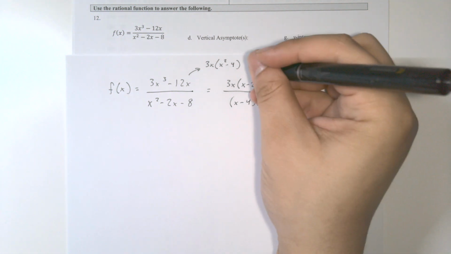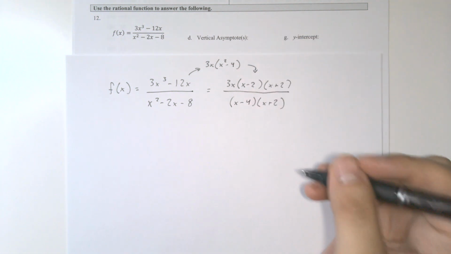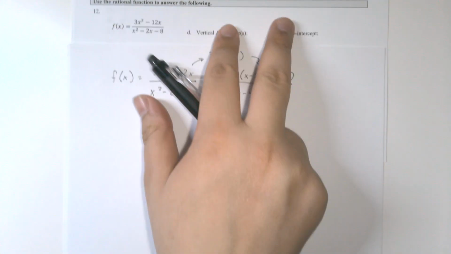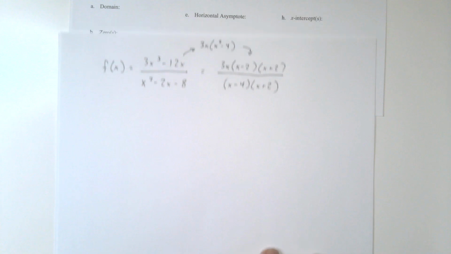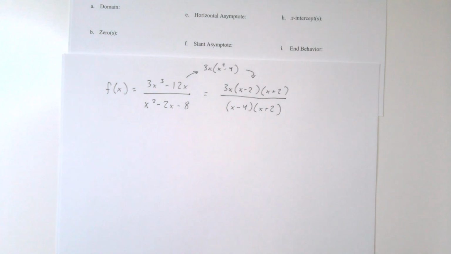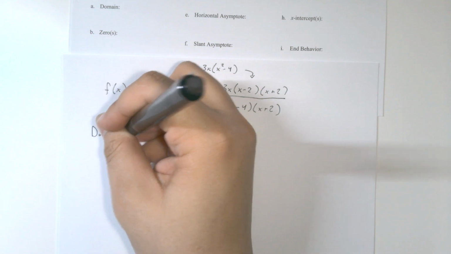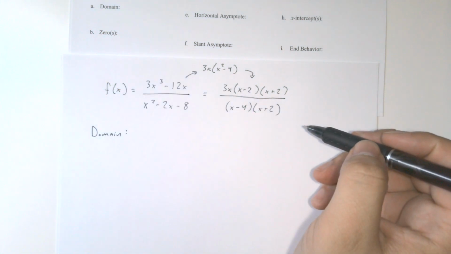And so now that we have f of x factored completely, we can start to answer some of the important information from our function. The first thing that we want to do is find the domain. So for the domain, remember, first, we want to figure out all the places that this function is not valid for.